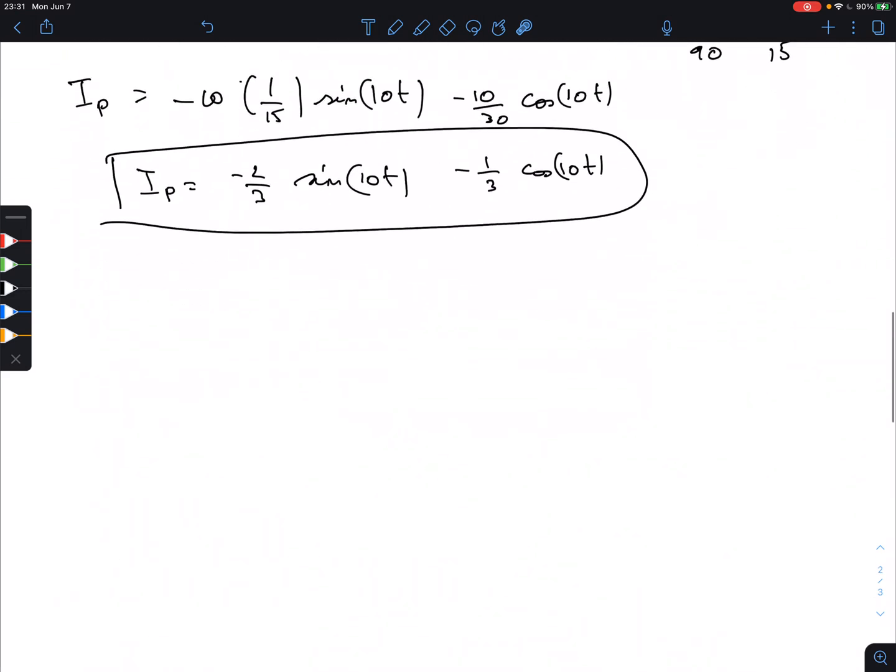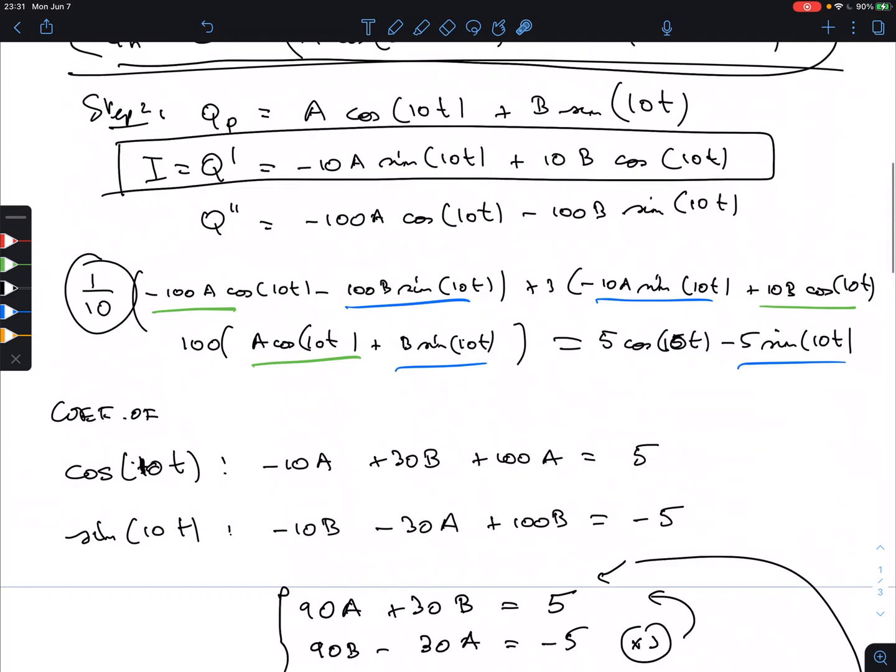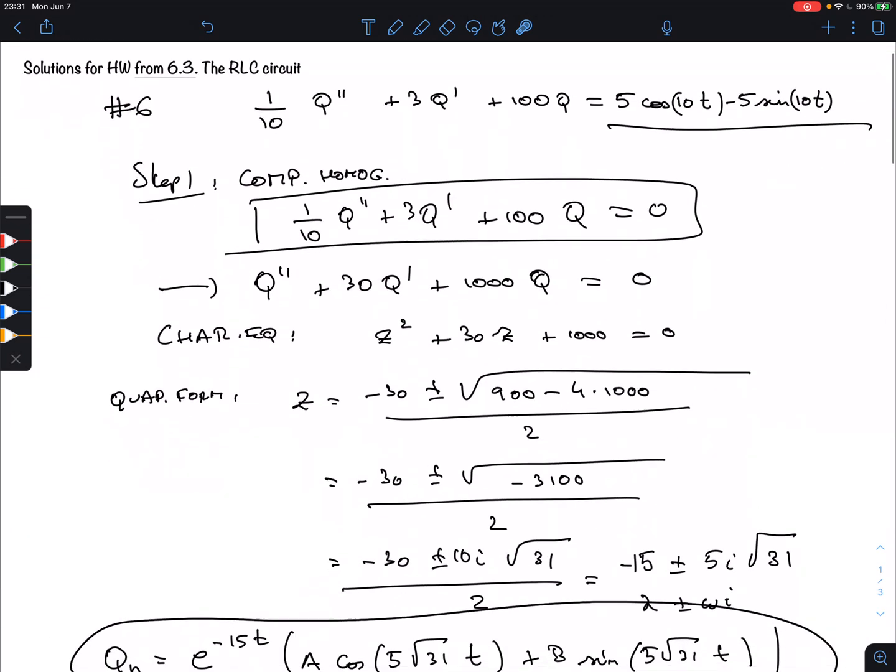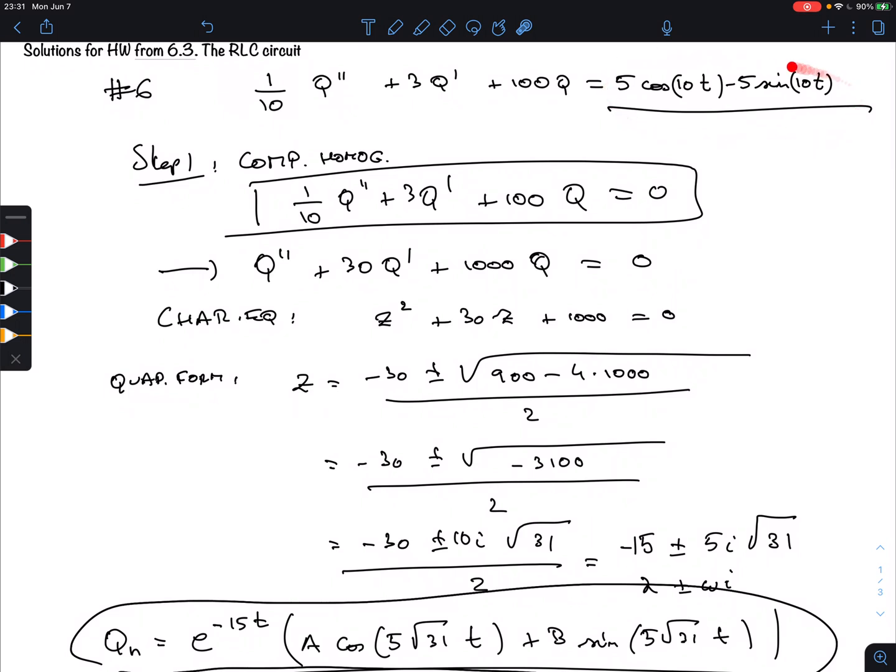But after a while, the circuit is just going to vibrate in this way, because it has this steady flow of energy, electricity coming in, right? That's why it never peters out. If you look at the homogeneous solutions, you see that this very quickly peters out and becomes 0.